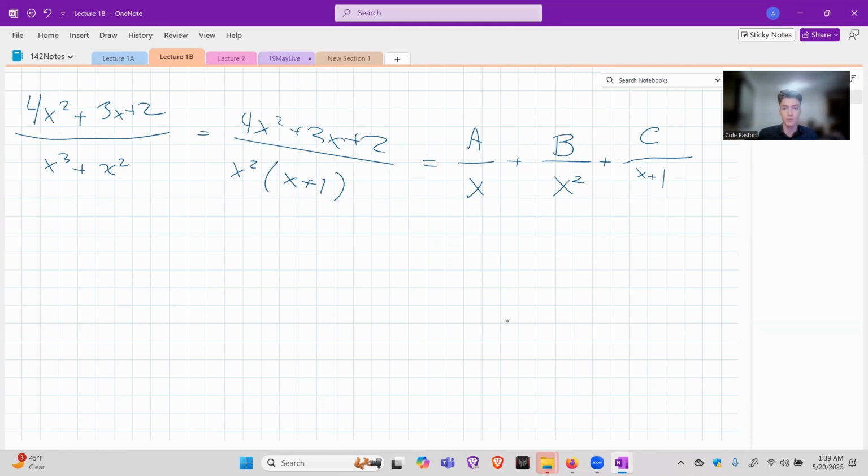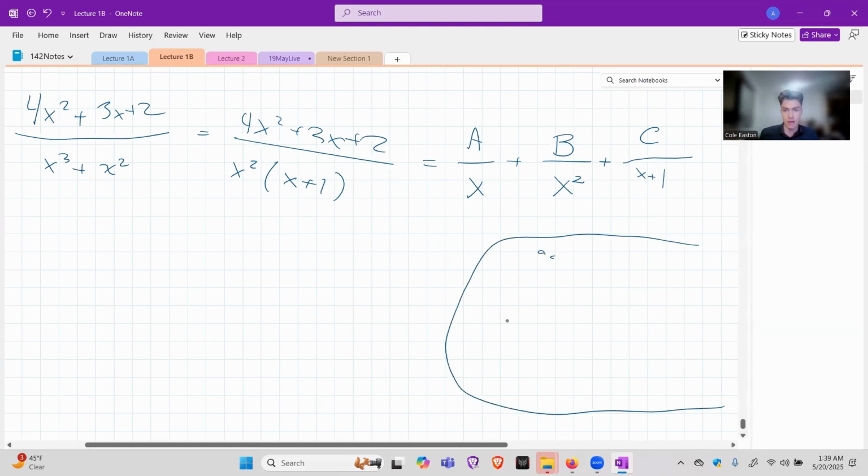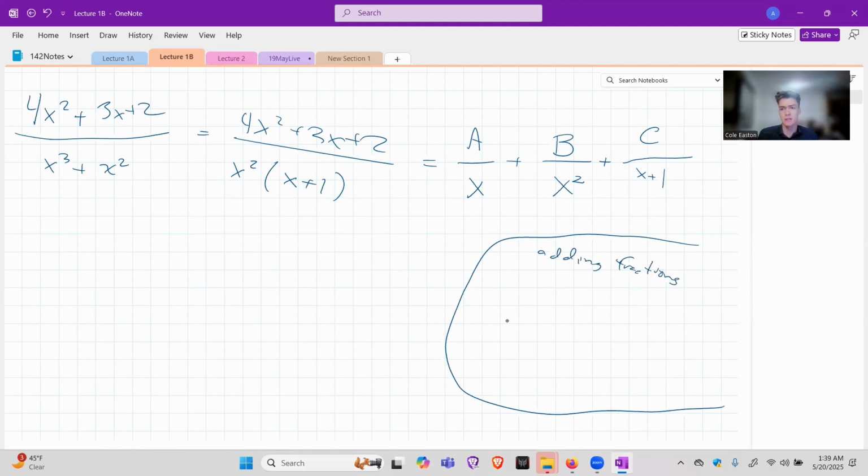So, quick diversion. Let's just talk about adding fractions really quick. Let's say that I wanted to add 1/12 plus 1/8. What do I need to do here? Should I just multiply the one on the left by 8 and the one on the right by 12 in the top and bottom?